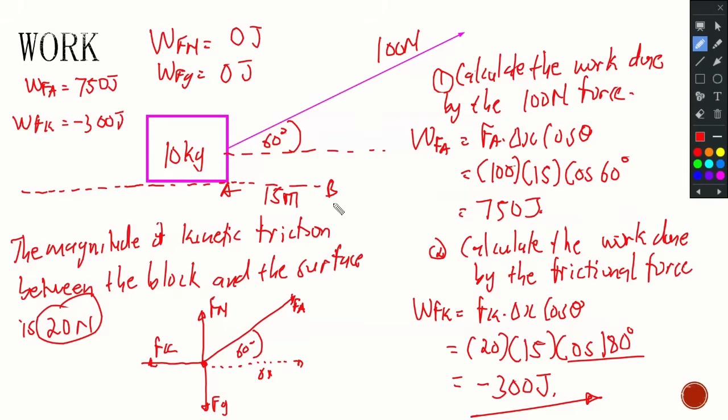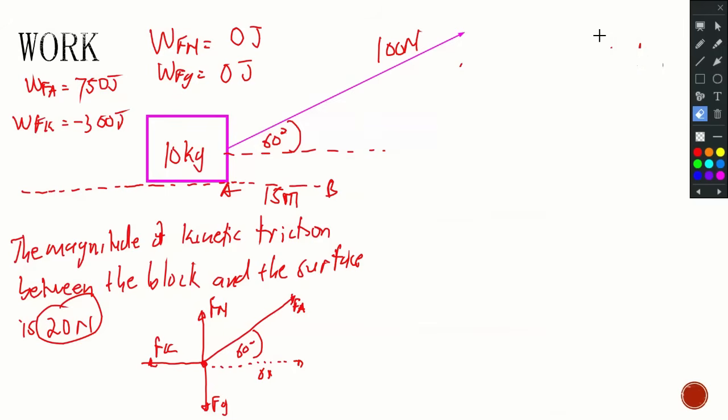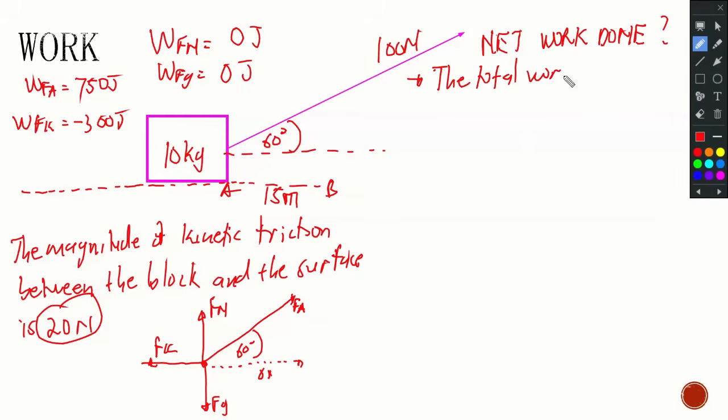Now, the other question that might arise from this, now that you know all of this, is to calculate the net work done. What is the net work done? Net work done is simply the total work done on an object, right?